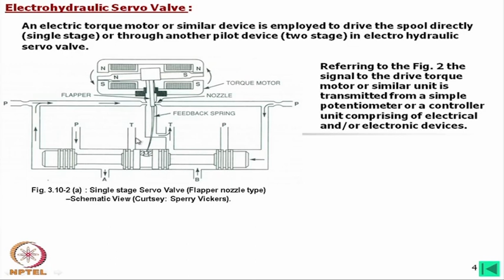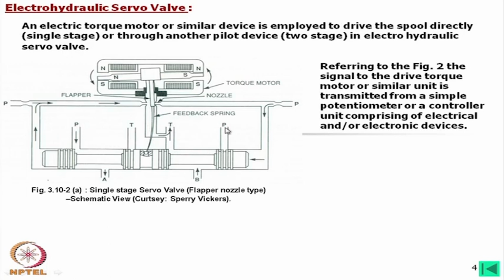What is actually happening is that flow from this side is coming here and going to the tank, due to which it is giving the motion apparently in this direction, and then this is being closed and this is being opened, and then the flow from the pressure side is going to A of the actuator, and from this side it is going back to the tank.